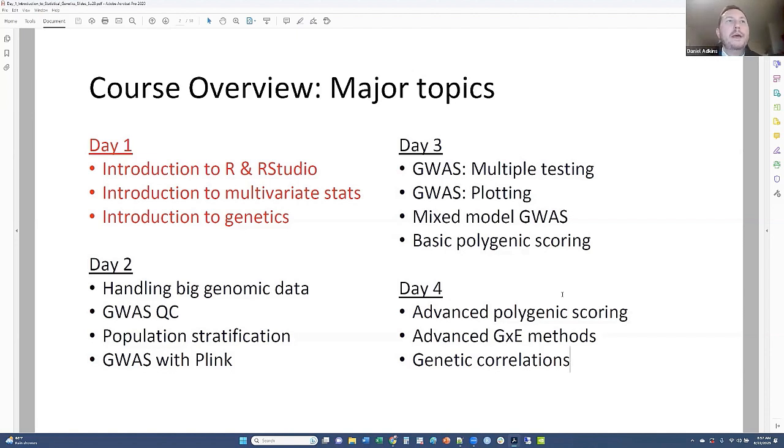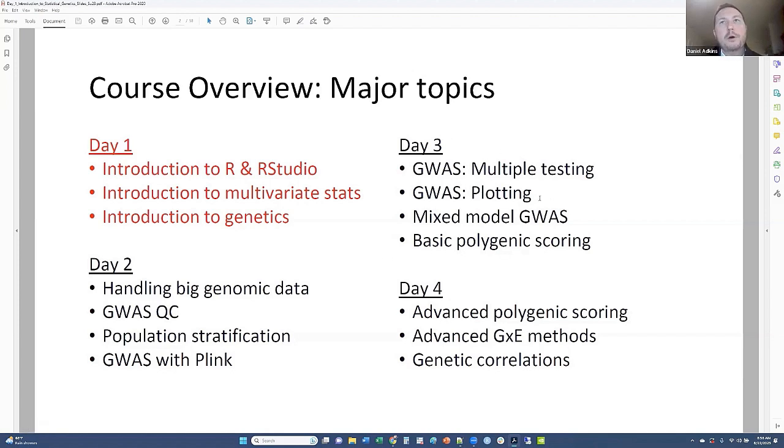So it's 4 days. Day 1, we're going to be introducing the computing environment, statistics, and genetics. Day 2 is like the GWAS day. Primarily, we're going to look at how we manipulate and manage big genomic data, and how we do quality control on our genotype data prior to our GWAS. Then we're going to run some GWAS on day 3.